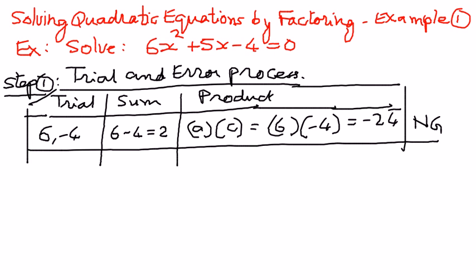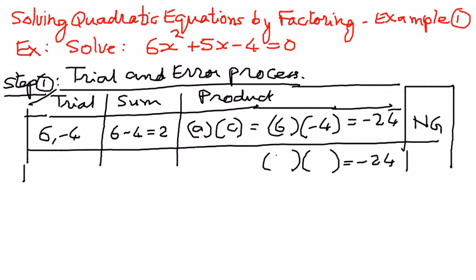So we'll keep trying for some more numbers, and that is what this trial and error process is all about. If I were to take another pair, for example 12 times negative 2, let me write in here. I want to keep the product of A times C as negative 24.